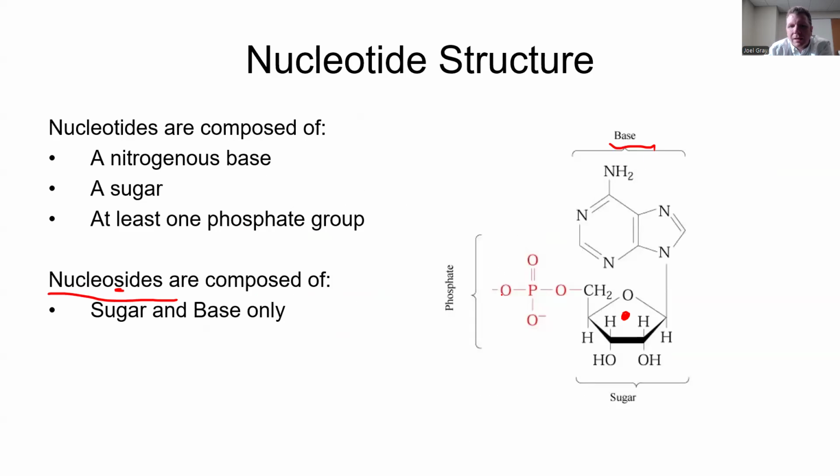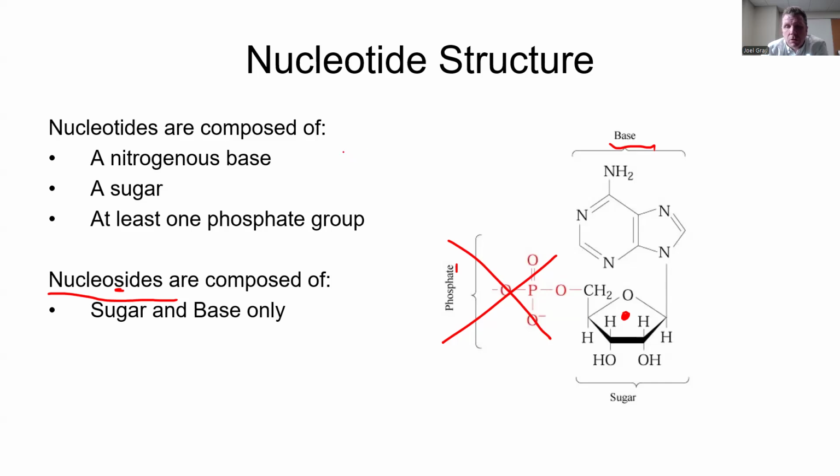So a nucleoside does not have a phosphate group. For some reason, what's always helped me is that phosphate is an indicator that you have a nucleotide. A nucleoside lacks that phosphate.